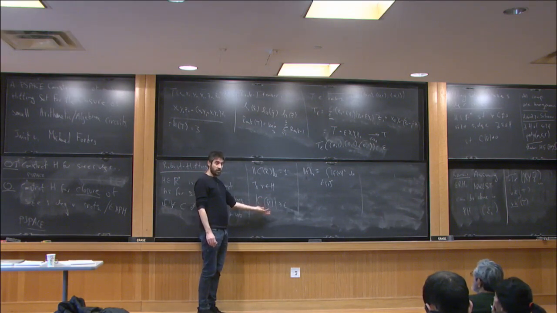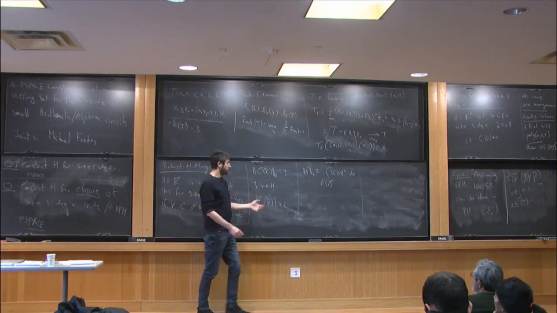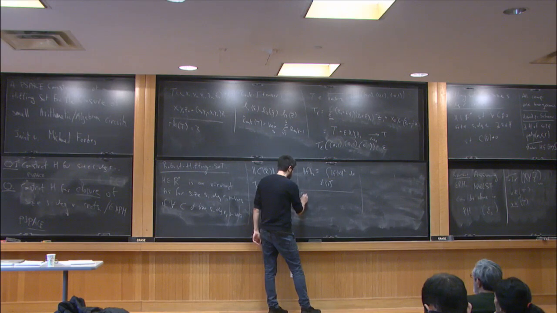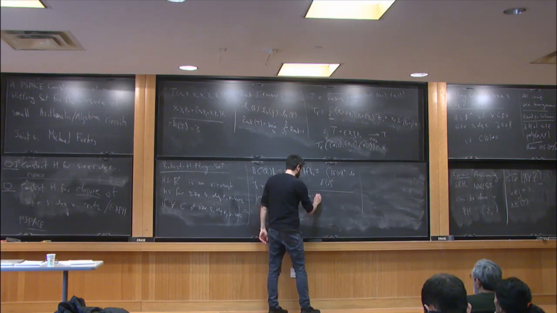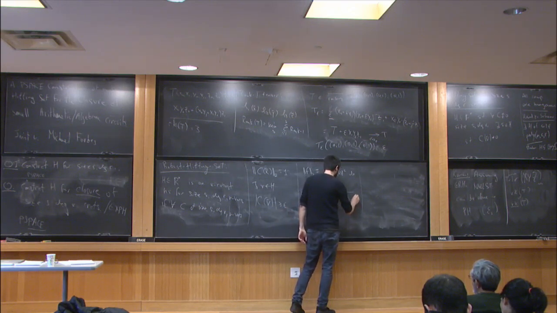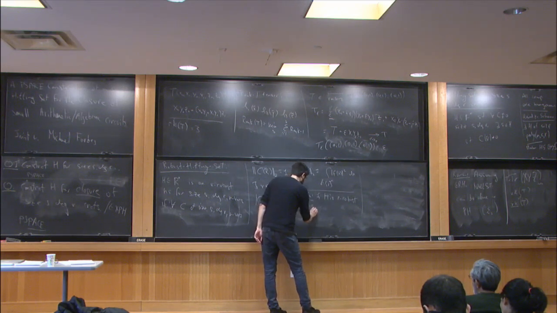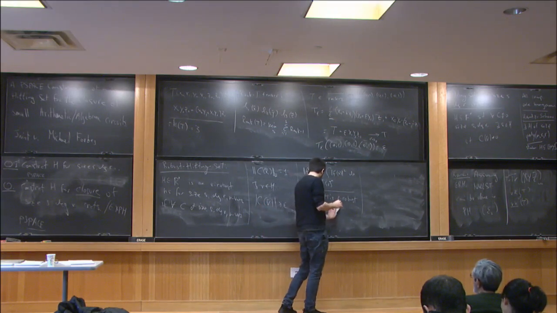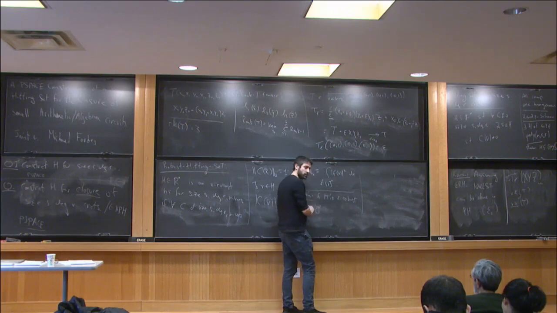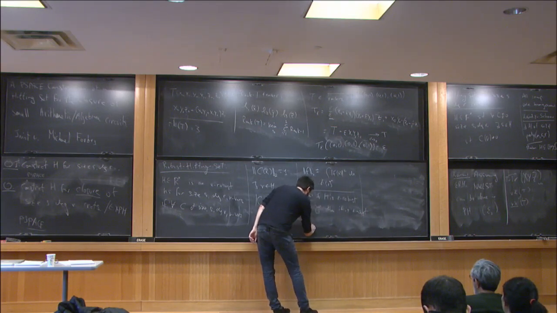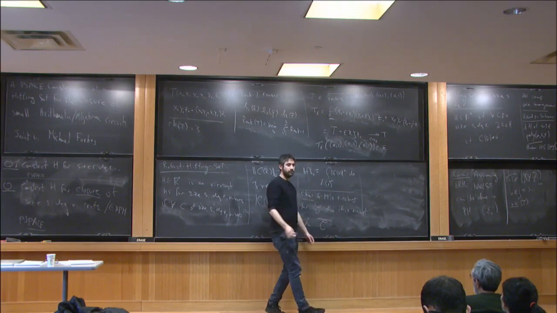Now, what's the point of having an epsilon robust hitting set? Here's an easy claim: if H is epsilon robust for size S, for some class, then it is epsilon robust also for the closure of this class. Why?